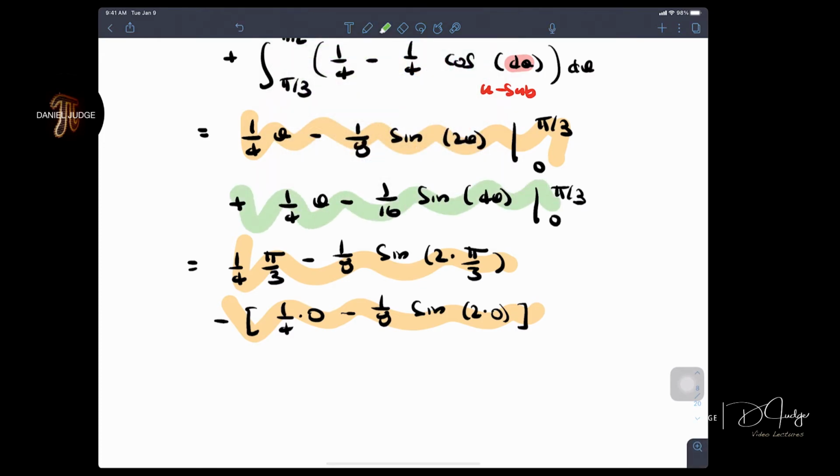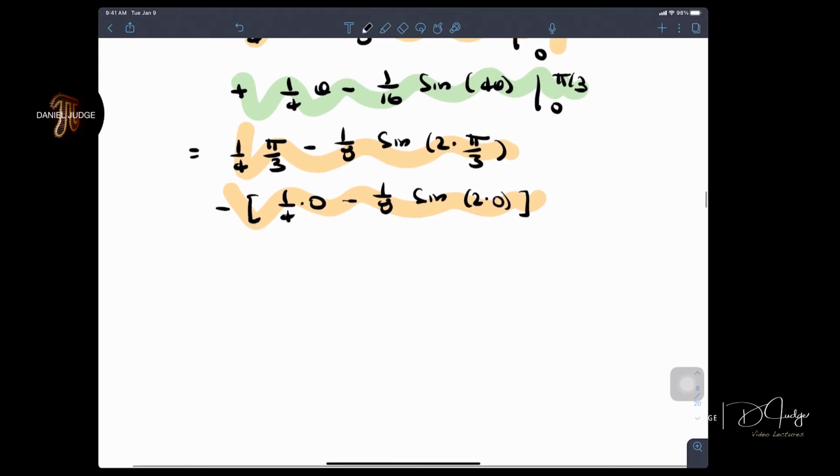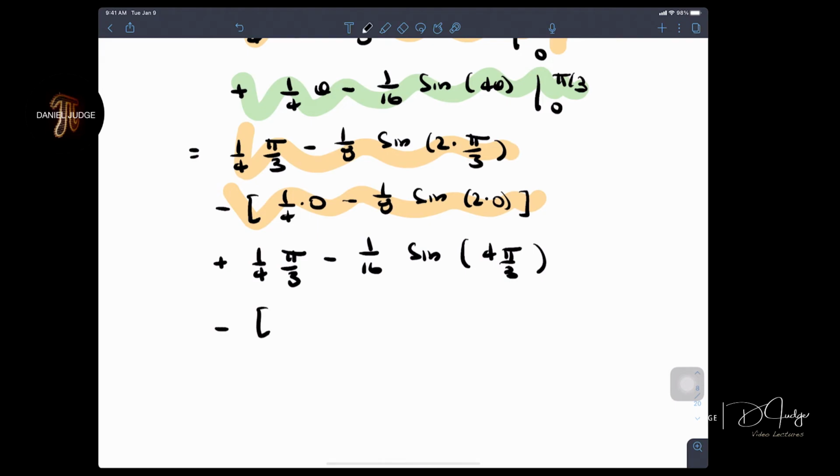That's plus this green portion. So, plus 1/4 pi over 3 minus 1/16 sine 4 pi over 3, minus 1/4 times 0, minus 1/16 sine 4 times 0. And that's the green portion.